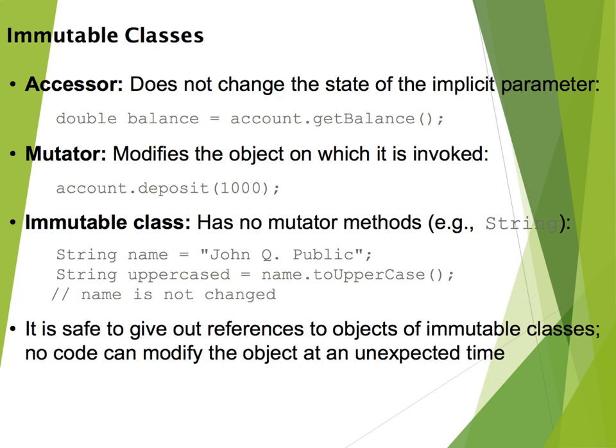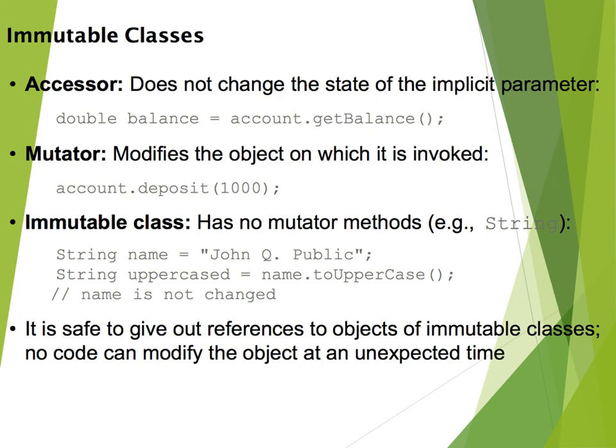Mutators, on the other hand, are methods that modify the object on which they are invoked. For example, the method deposit on the same class bank account gets an integer or real number or whatever type it can be, like 1000 as the input, and then it increases the balance by that amount.